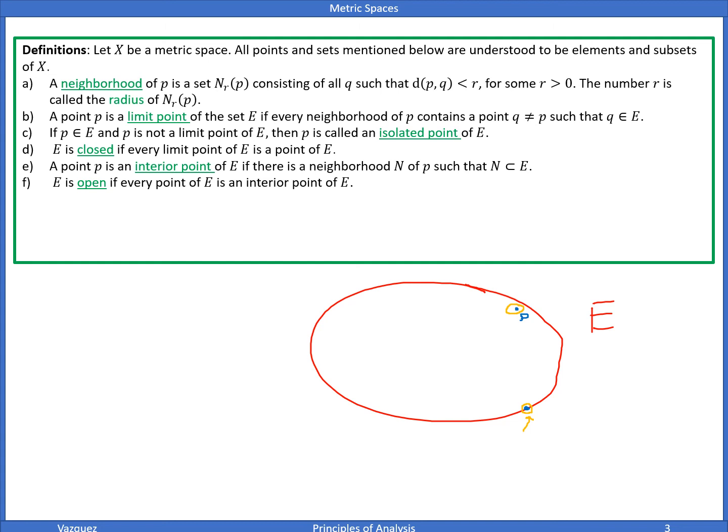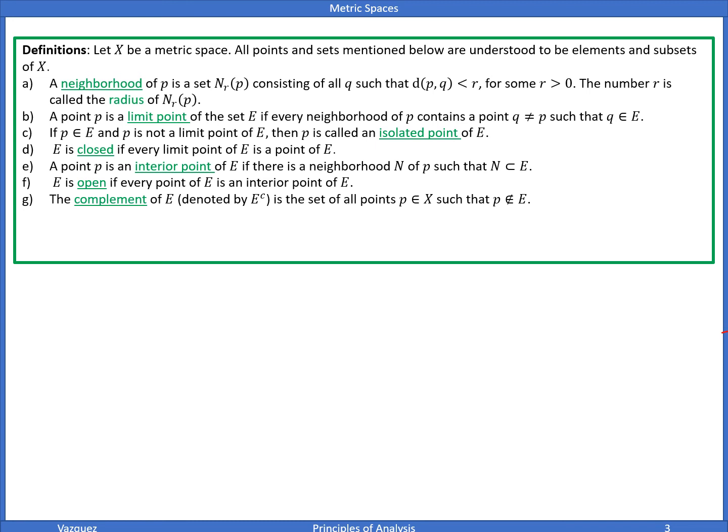Next, there it is. E is open if every point of E is an interior point. The complement of E, denoted by E with a C at the top, is the set of all points P such that P is not in E. So exactly what it sounds like.